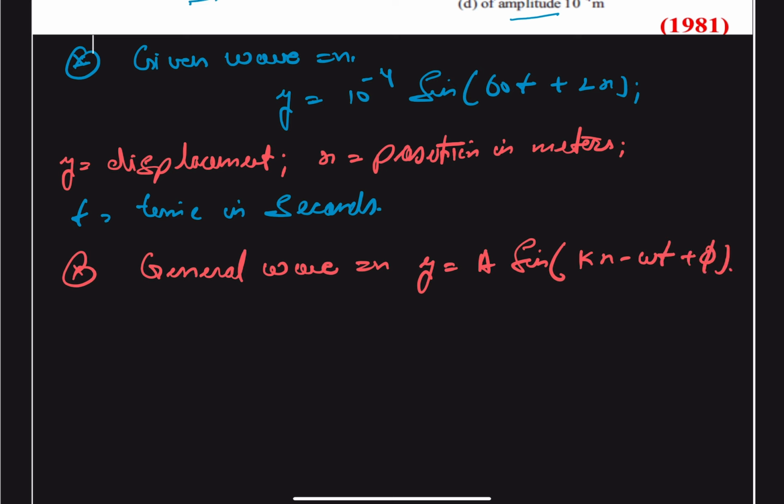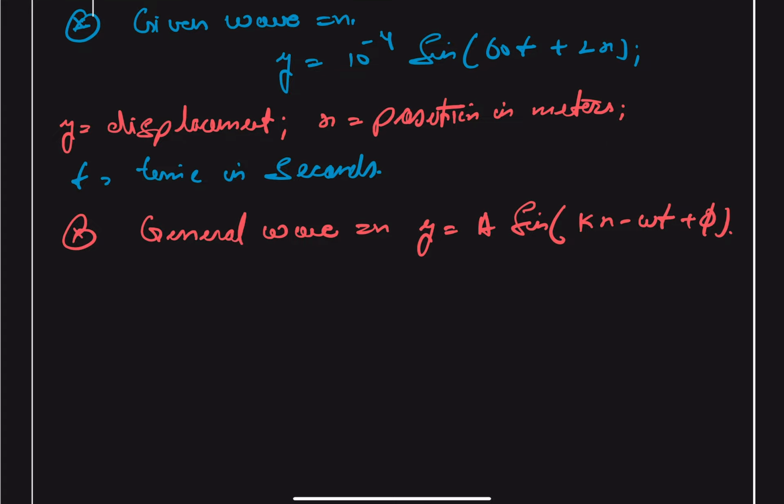Here a is the amplitude, and if we compare, we can see that the value of a is equal to 10 to the power minus 4, and it will be in meters.